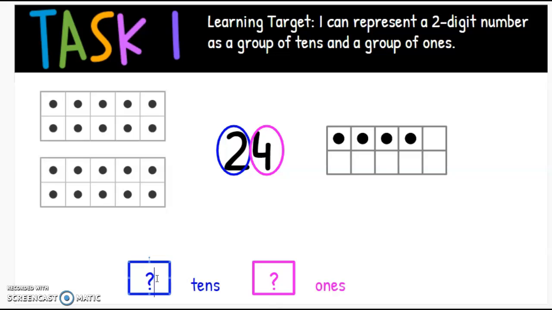So I'm going to click in my box, backspace to get rid of my question mark, and then type the digit 2 to represent 2 10s. Now let's go over to the 1s. How many 1s did it take to represent the number 24? 4.